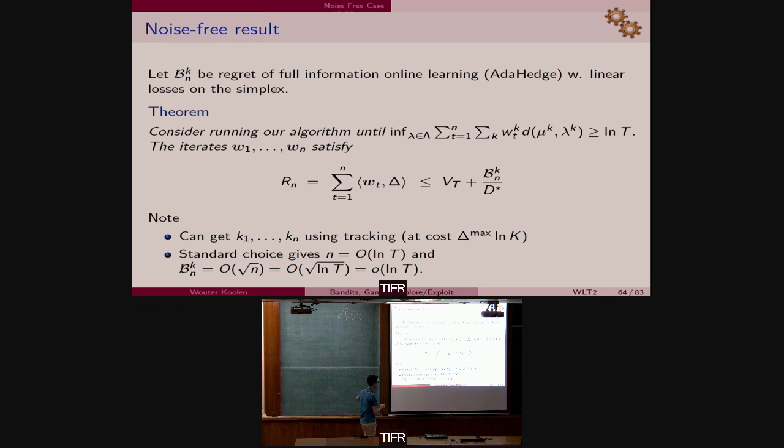So it turns out that if you're careful, then the number of rounds that you're doing sampling to multiple arms can itself be of order log t, which means that the regret is then of order square root log t. So in the end, this is a lower order term, and this is the main one.